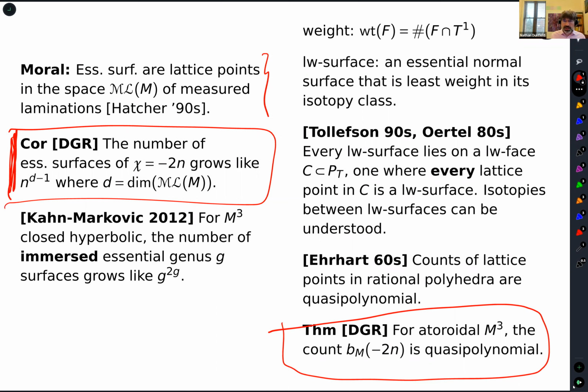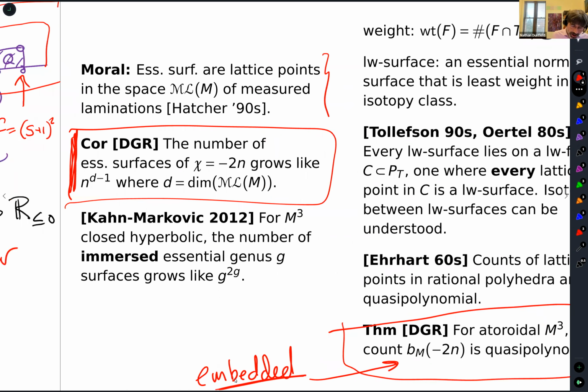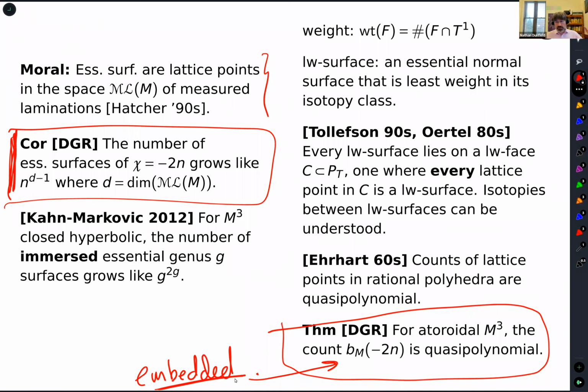Another thing I want to say is that the fact that this is growing polynomially has to do with the fact that this was a count of embedded surfaces. If instead we allowed ourselves to look at immersed essential surfaces, just a map of a surface into our three-manifold which is injective on fundamental group, then in fact there would be many, many more.